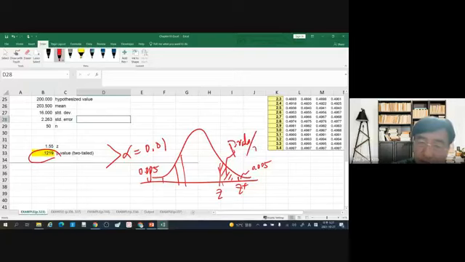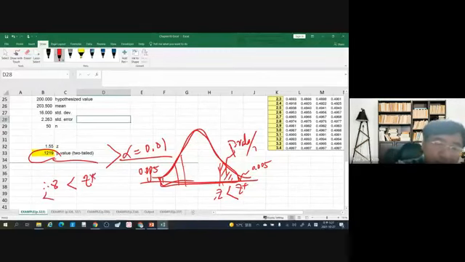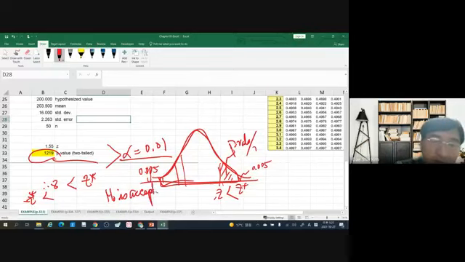So it means the Z value is less than Z star, inside the acceptance area. This is the acceptance area. The p-value is bigger than alpha. It means Z is between plus and minus Z star. So H0 is accepted in this case. If it's outside, H0 will be rejected and so on.